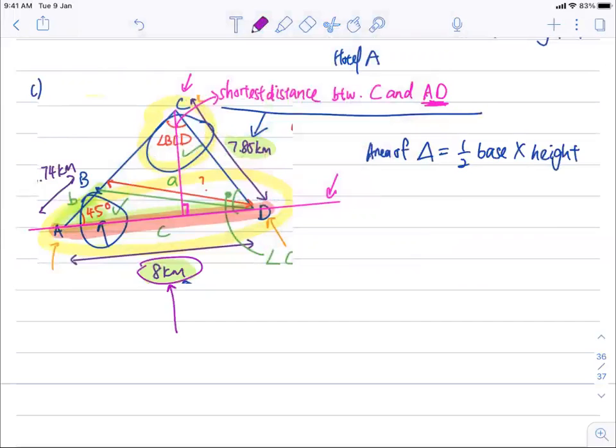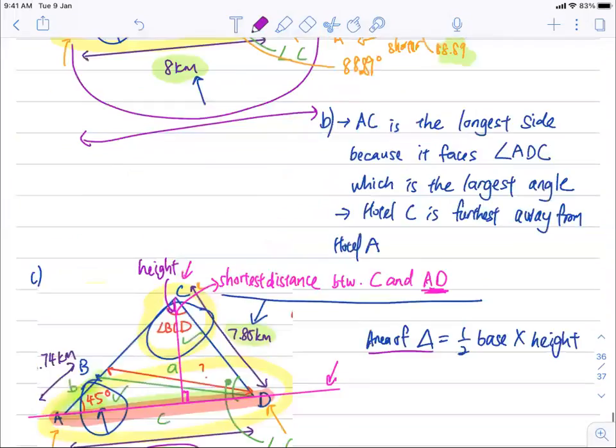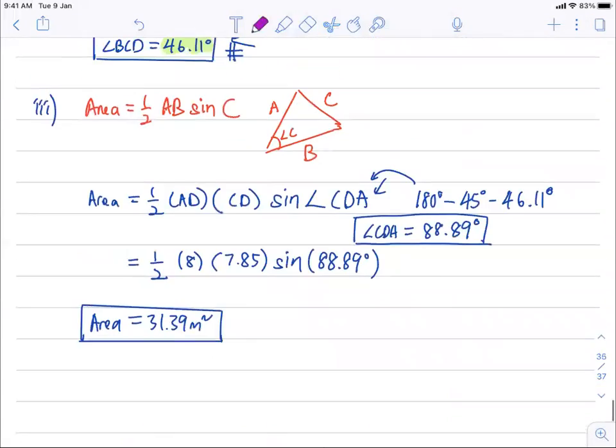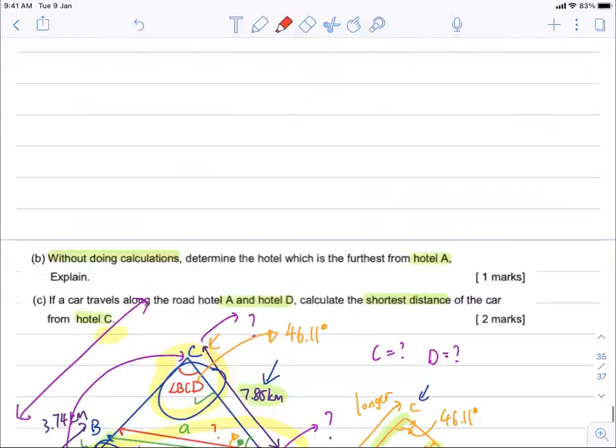This is the base of a triangle, and the shortest distance will be our height. So area of the triangle we already found in the previous part. Over here, this is our area of triangle, 31.39.